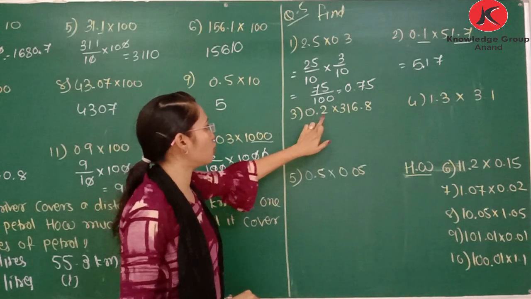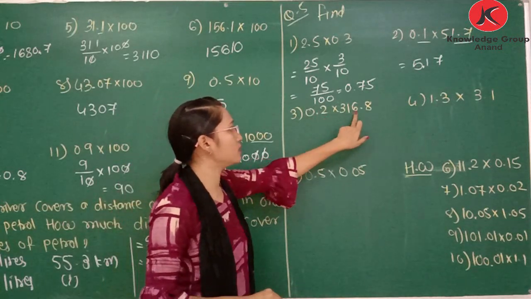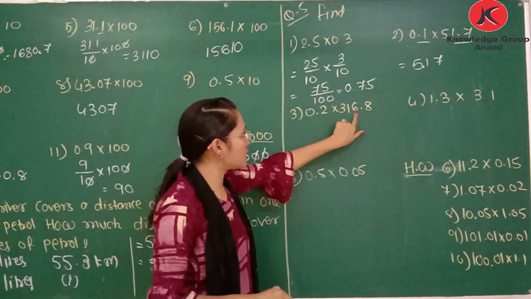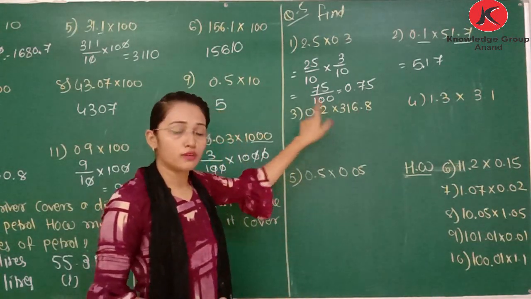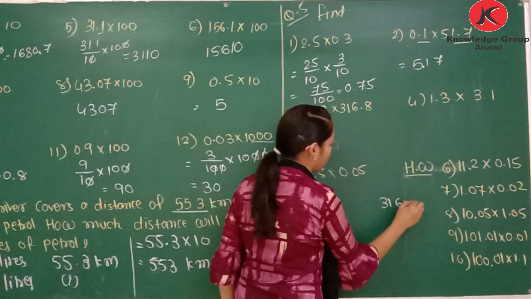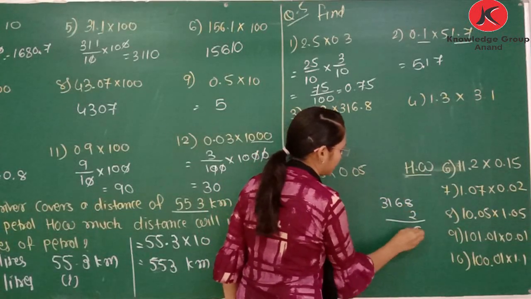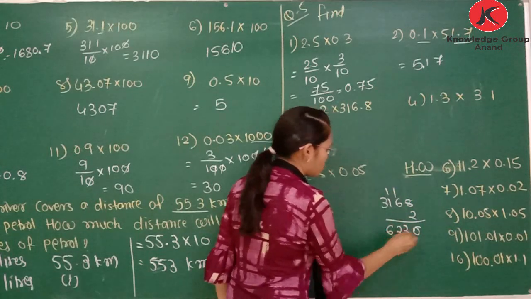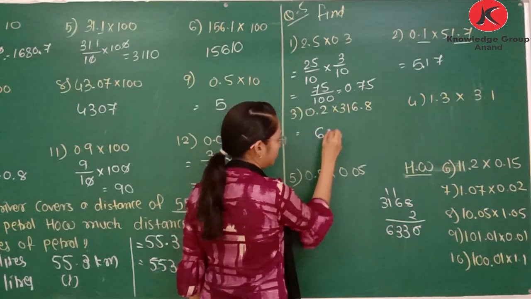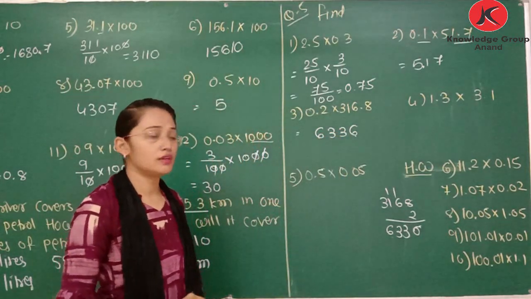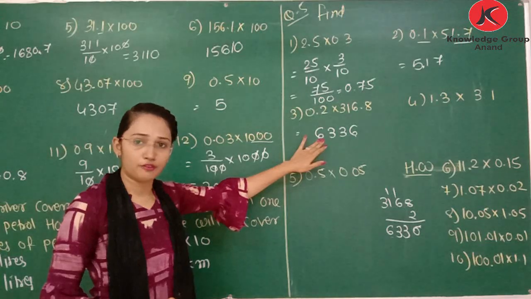Again it is 0.2 multiply 316.8. So we have to do 316.8 multiply 2. Normal multiplication. So it is, and how many digits are there after the decimal point?